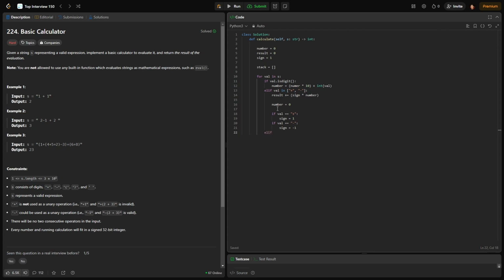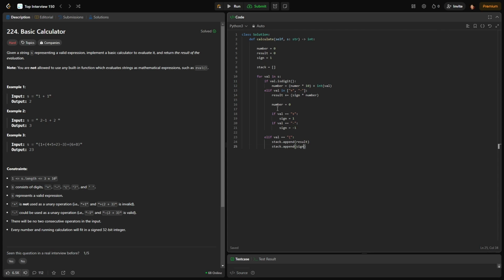Elif val is an opening bracket, then the first thing we do is add values to our stack: stack dot append result, and then stack dot append our sign.